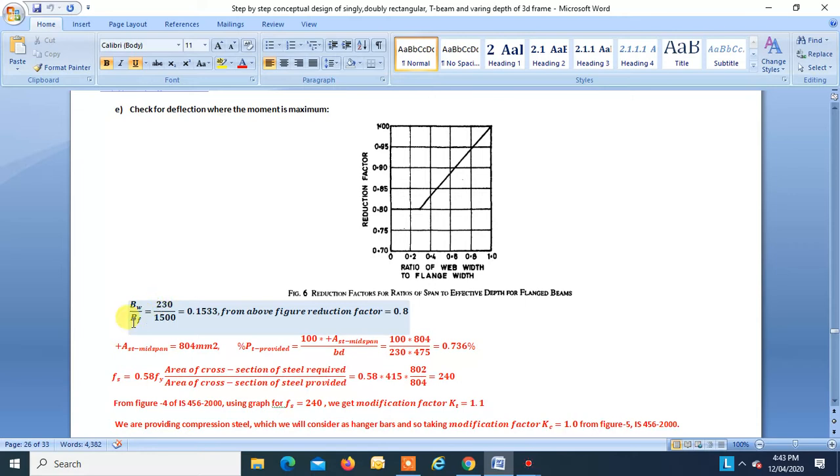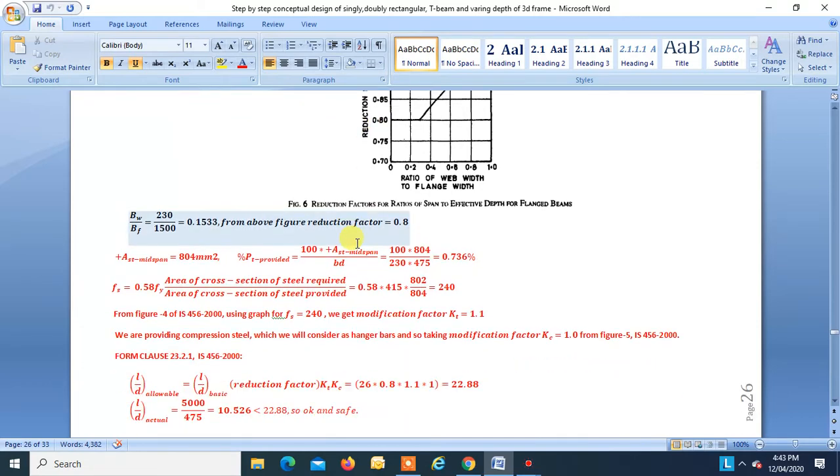Web width is 230, flange width is 1500. So this is 0.1533. So 0.1533 falls somewhere over here, and we get a reduction factor of 0.8. This is the reduction factor that has to be multiplied by L by D basic ratio.